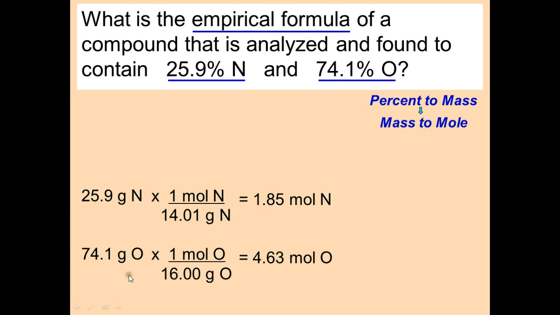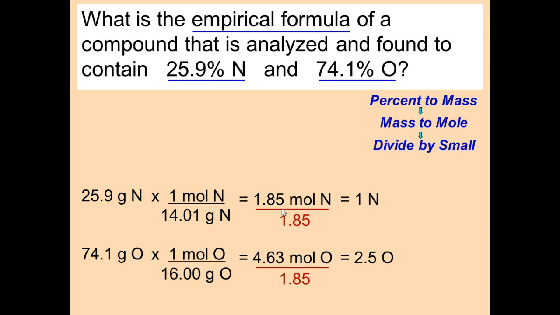And then we get these two numbers, and then we divide by the smallest one. So 1.85 is definitely smaller than 4.63. So we divide both by 1.85, like so, and we get 1 for one of them, and then we get 2.5, and then we times to a whole. So we multiply these two numbers so that they both become whole numbers.